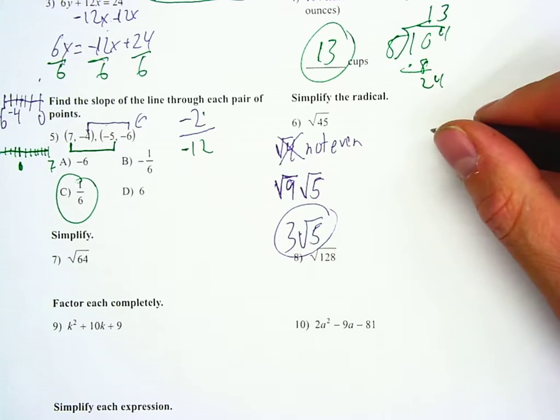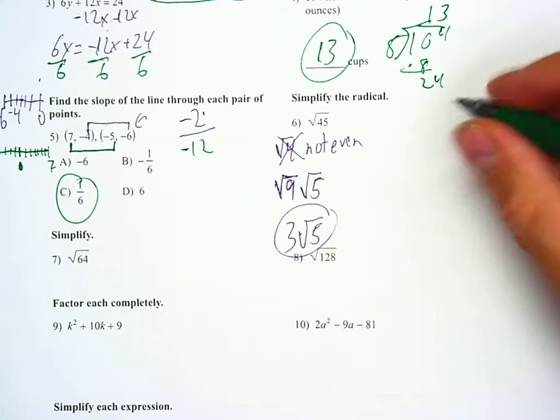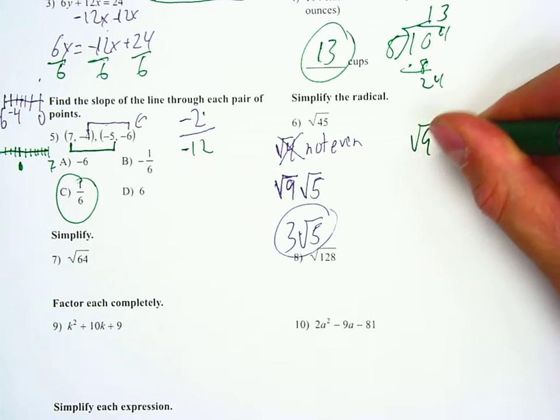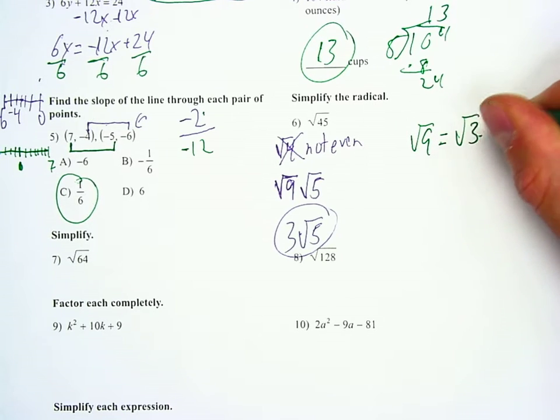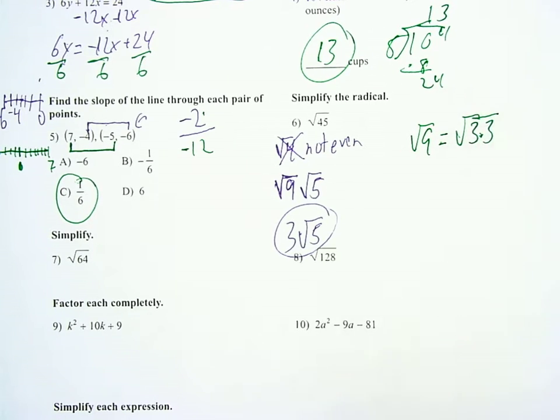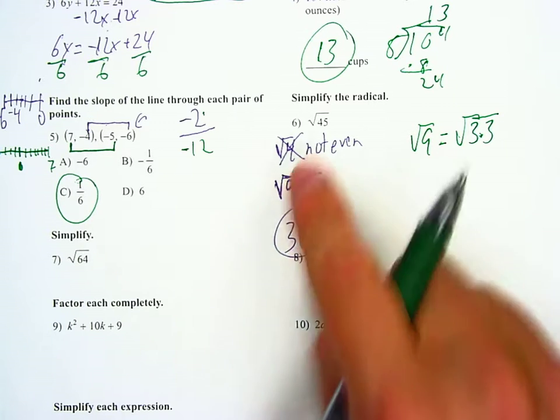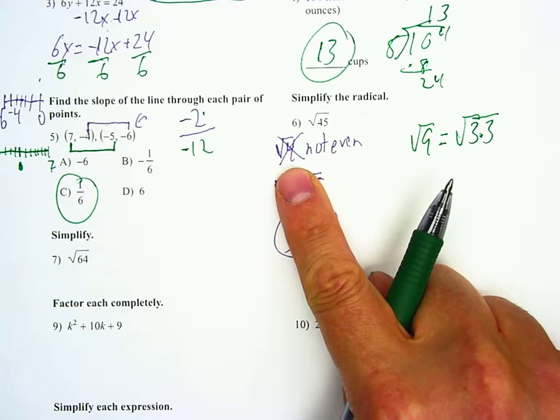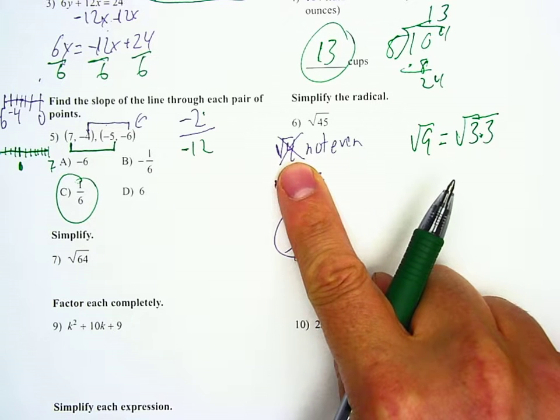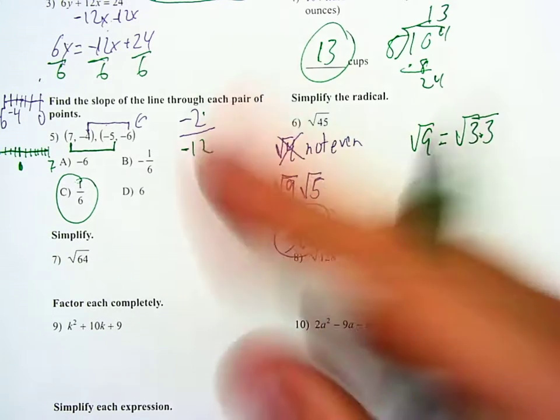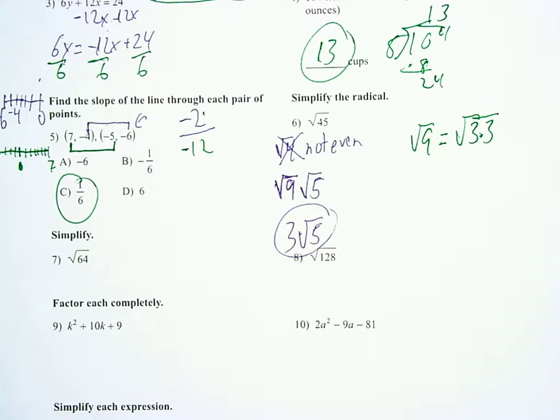So because the 9 is a 3 by 3, it becomes a single number when it's square rooted. Just like the 4 is a 2 by 2, it becomes a single number when it's square rooted as well. Square root of 4, square root of 2 times square root of 2, which is a 2.